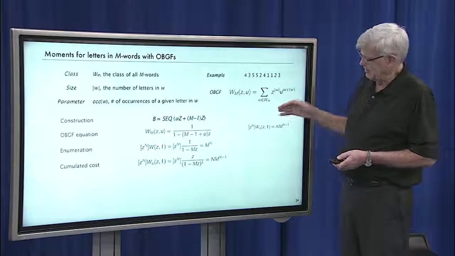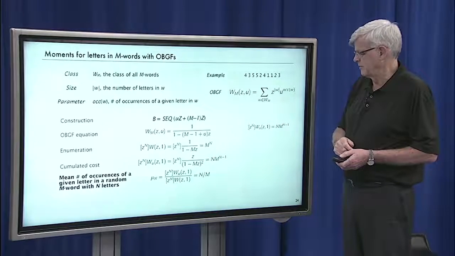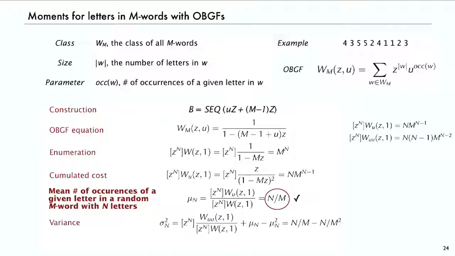And that's the same kind of calculation that we just did for 2, and we get n m to the n minus 1. So the average number of occurrences of a given letter in a random m word with n letters is n over m. And again, that's as expected. And we can also go ahead and compute the variance, and it's n over m minus n over m squared.